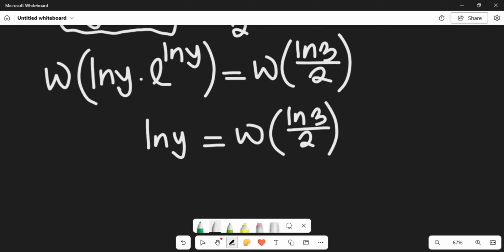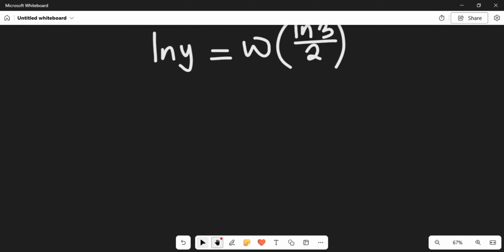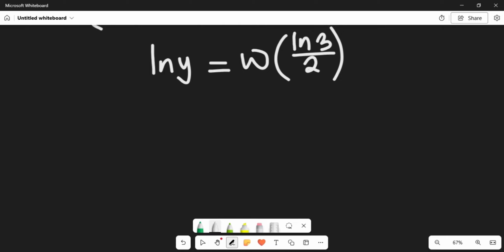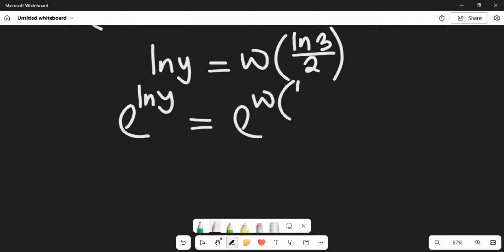Now at this point, we're going to introduce the exponential value of both parameters. If we take the exponential value of both parameters, we'll have the exponent value of ln y equal to the exponential value of the Lambert W of ln 3 divided by 2.